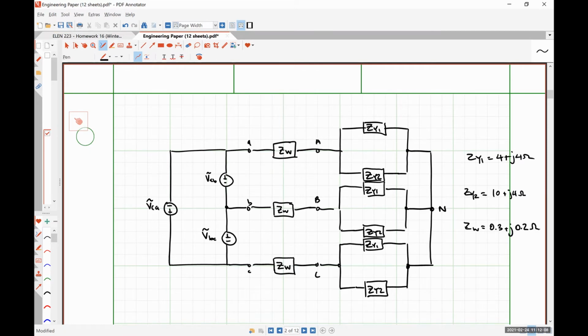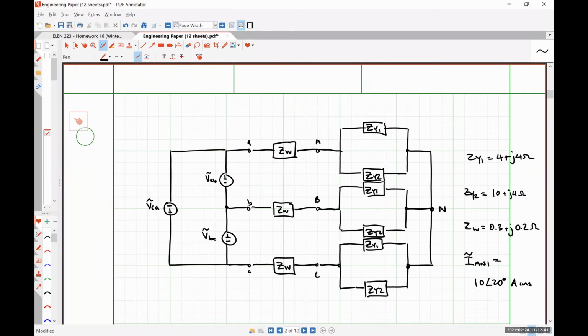All righty, and then what voltage are we given? VAN1 or VAN2? And what was that? I'm sorry. What number? RMS. Okay.